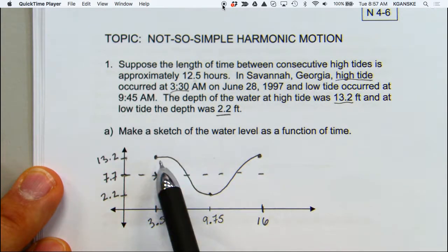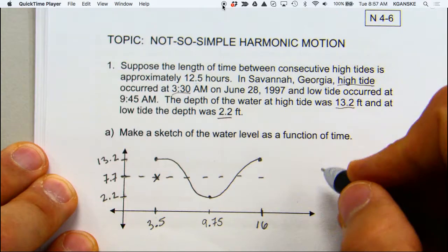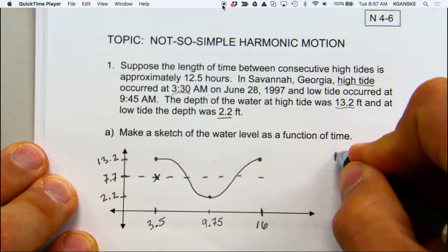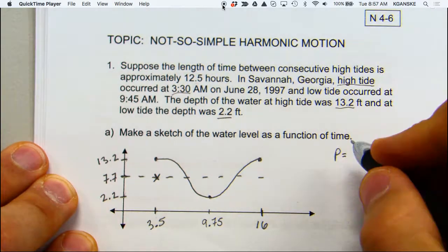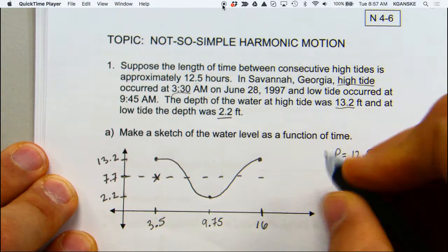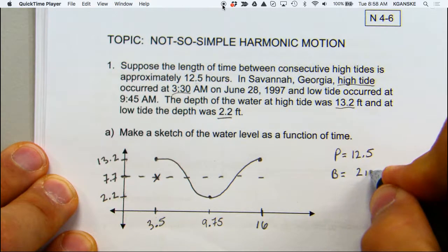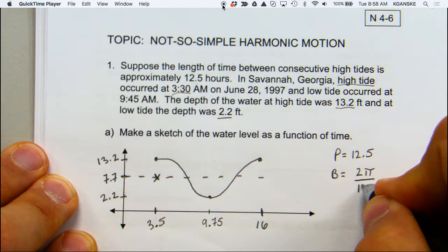They've got to give you the period. All right, so let's see what our equation is here. My period was 12.5, they said. So that means that my b is going to be 2 pi over 12.5.